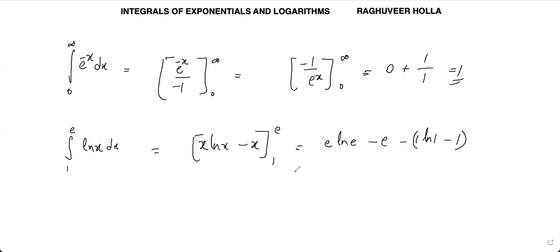Which is, e multiplied by 1 is e, and this is minus e, and this will be 0 minus 1. So overall, this will be 1.